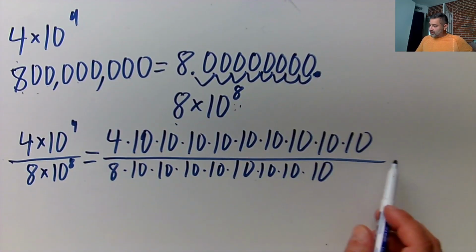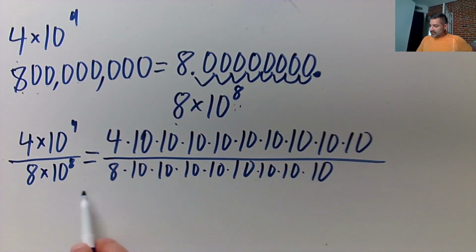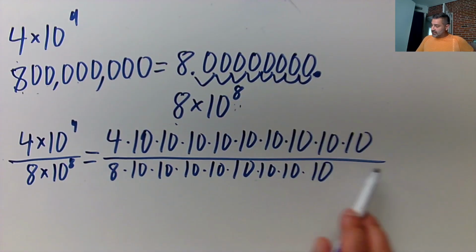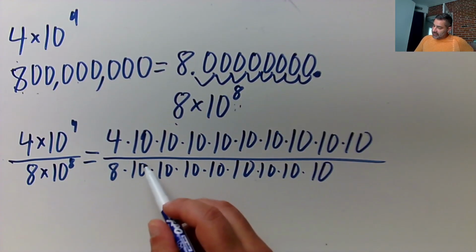So since these are all multiplied by each other, and there are no pluses or minuses, and it's division in the middle, we can eliminate each one individually.